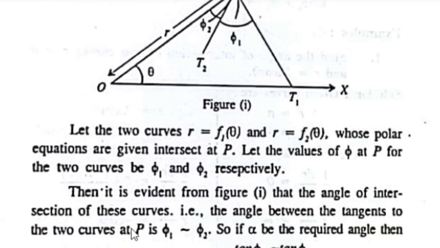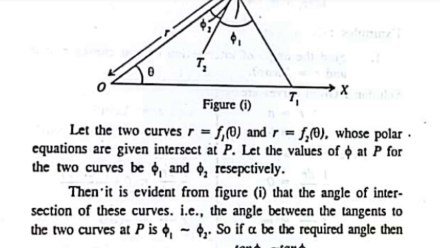Or in other words, let alpha be the angle of intersection of two curves. So alpha is equal to phi 1 minus phi 2, or take the modulus of phi 1 minus phi 2. Or take tan on both sides. You will get tan alpha is equal to tan of phi 1 minus phi 2.